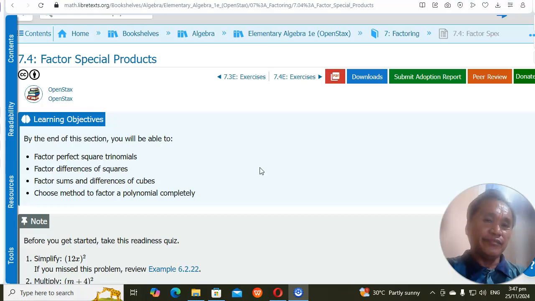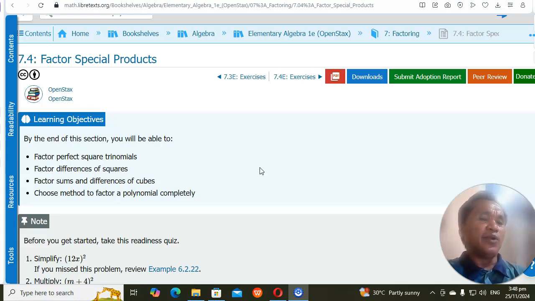So if you know to detect, if you know to recognize, and know the elements of the sum and difference of cubes, you will be able to factor comfortably the sum and difference of cubes. Okay. So those are some of our learning objectives.